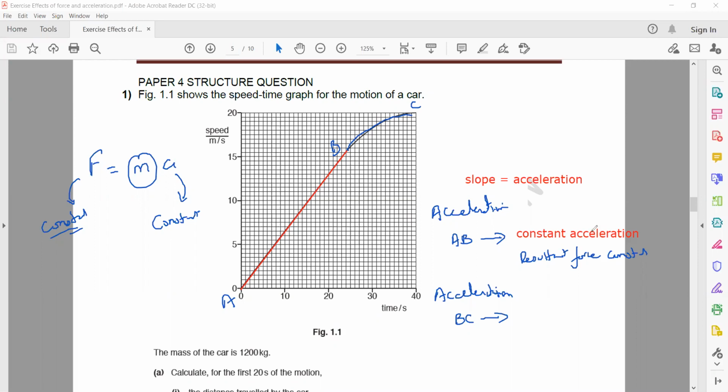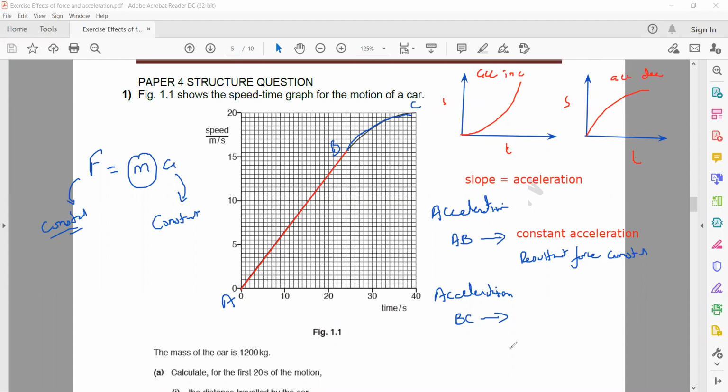If you have a speed-time graph and the curve is going up, the slope is increasing, and the second possibility is that the slope might decrease. So this one means acceleration is increasing, and this one means acceleration is decreasing.